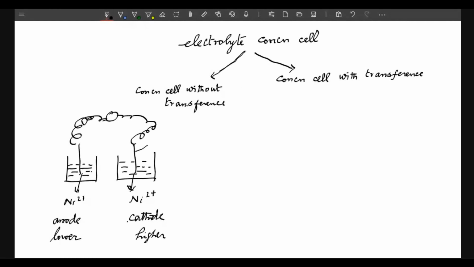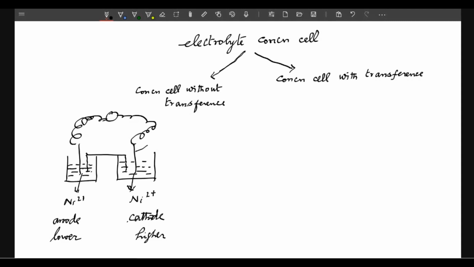Okay. And what would be acting as a completion of this electric circuit? The salt bridge. While you are using the salt bridge, the cations are moving from the anode to cathode, and the anions are moving from the cathode to anode. We have already seen.